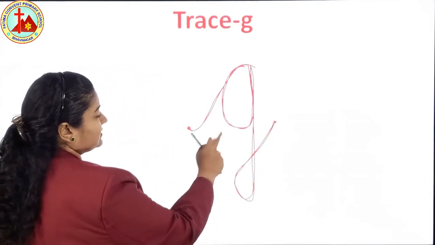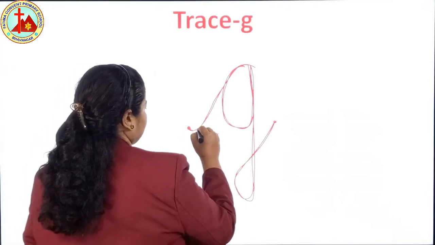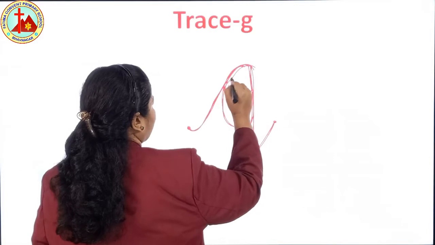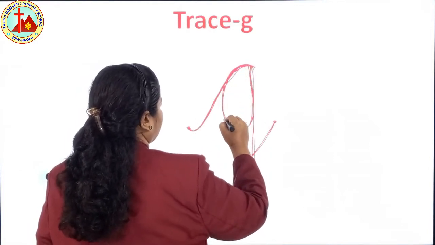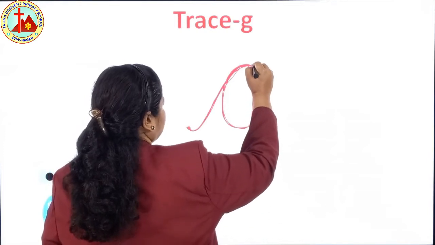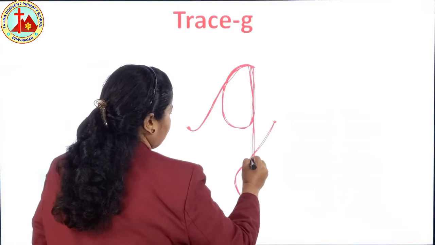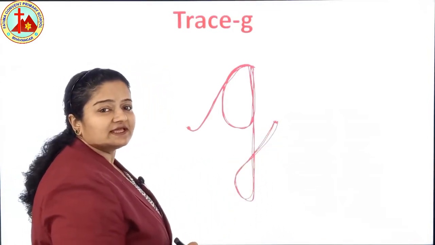Again, one more time. C, like this you have to say and write. Then you will remember the letter. C, circle, come down, take a small loop, go out. This is cursive writing g.